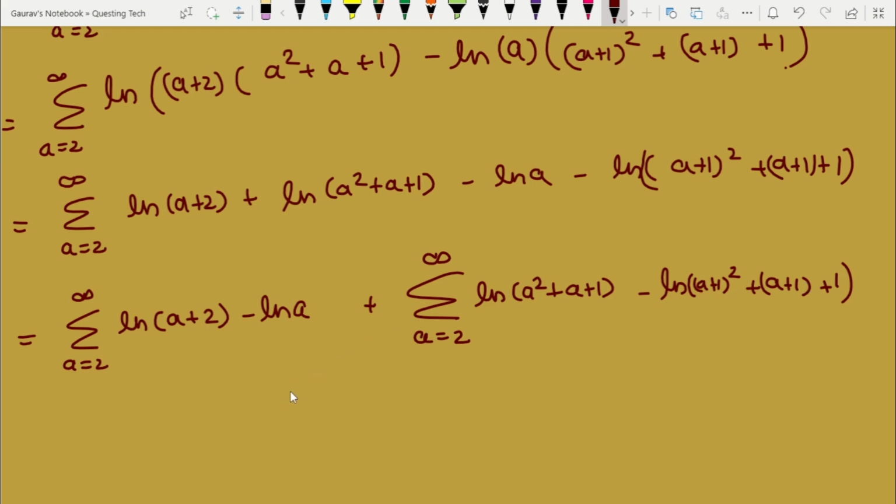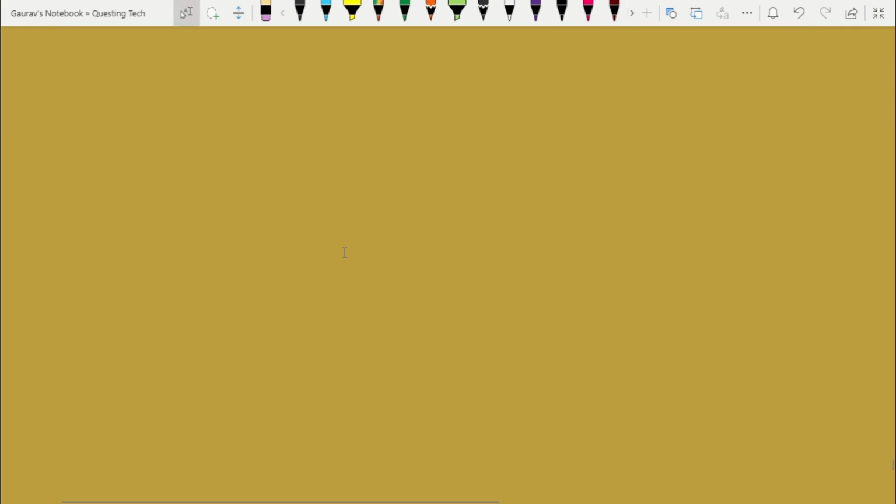So this is sort of a telescopic series. It is not a consecutive term, but the terms are repeating themselves. Our first expression is the sum of ln (a plus 2) minus ln a.